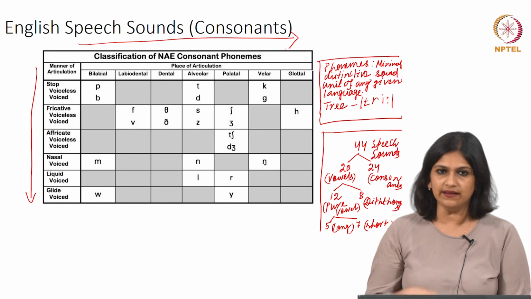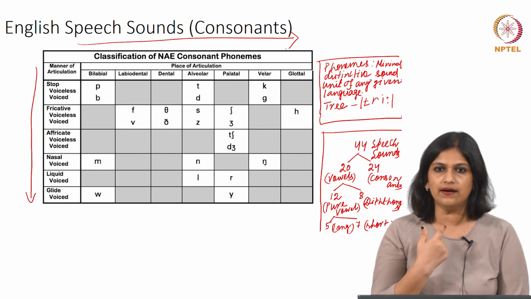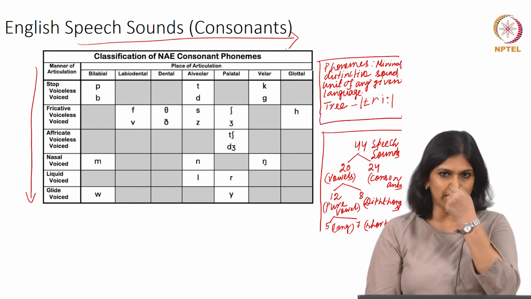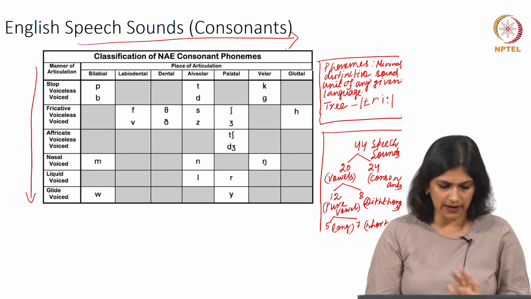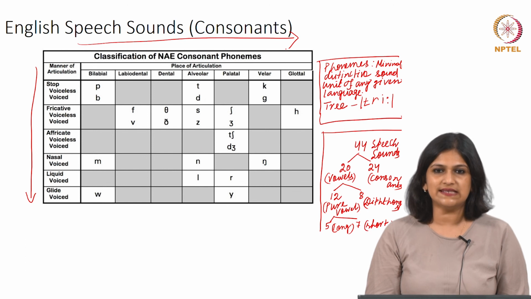When it is nasal, the air has to go through your nasal cavity, m. When you say m, the air passes through the nasal cavity. You can't block your nose and then say m, you can't do that. Then you have liquids, which are the easiest sounds.